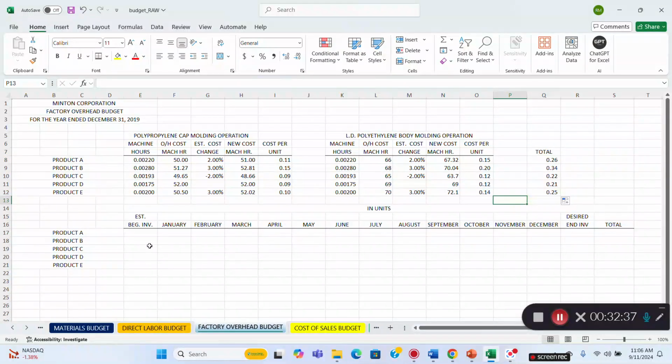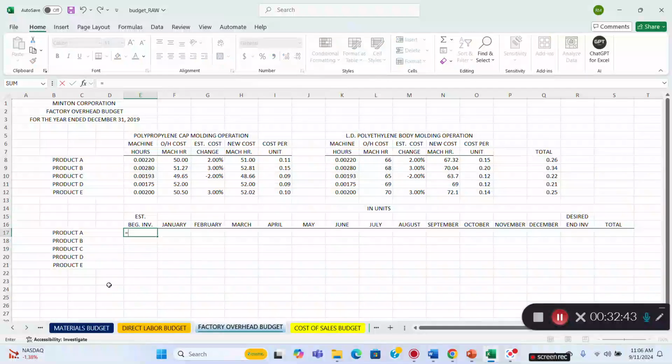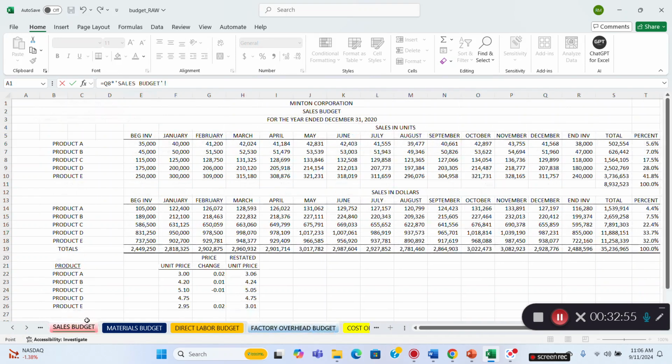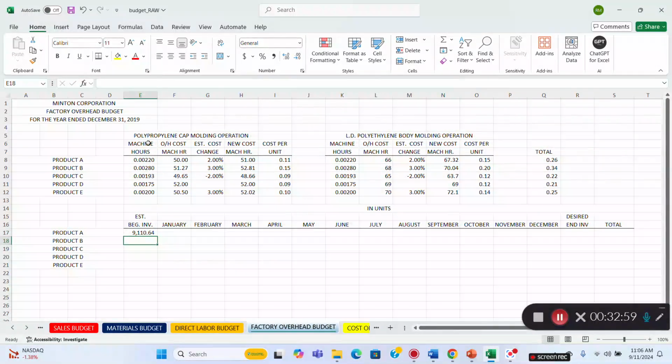All right. And now we're going to go back and do the same thing that we did before. This is going to be equal to this number here times, back to the sales budget, and get this number for beginning inventory. And then you're going to drag that down.